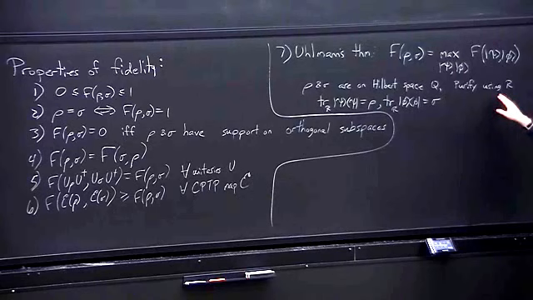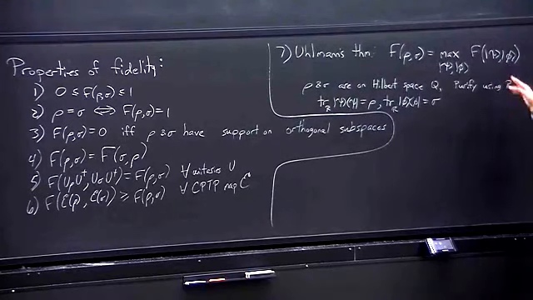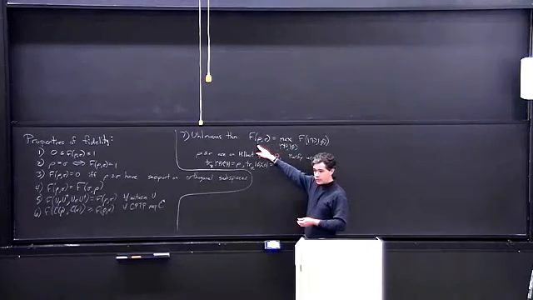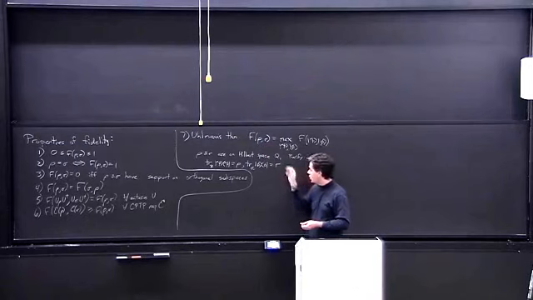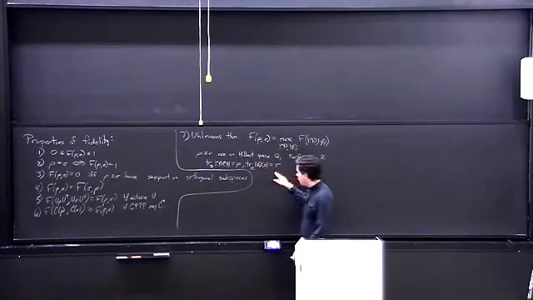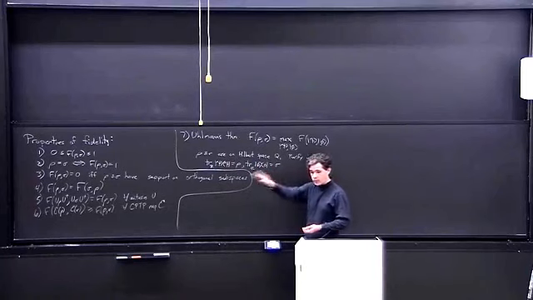Okay, and what this is saying is that if we pick the best possible pair of purifications, then the fidelity between those purifications is equal to the fidelity between the original mixed states. Okay? You can also kind of understand this in terms of this last property down here, which is, well, tracing over a subsystem, discarding a subsystem, that's an example of a completely positive map that loses information. Right?